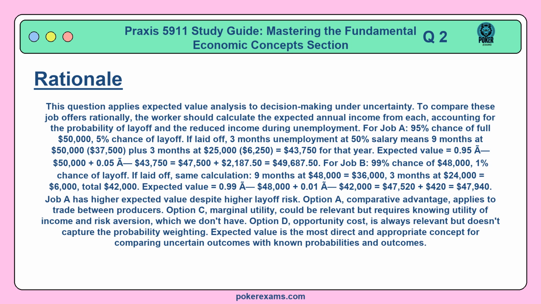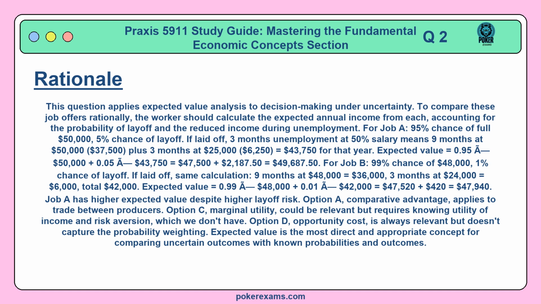If laid off, same calculation. 9 months at $48,000 equals $36,000, 3 months at $24,000 equals $6,000, total $42,000. Expected value equals 0.99 times $48,000 plus 0.01 times $42,000 equals $47,520 plus $420 equals $47,940.